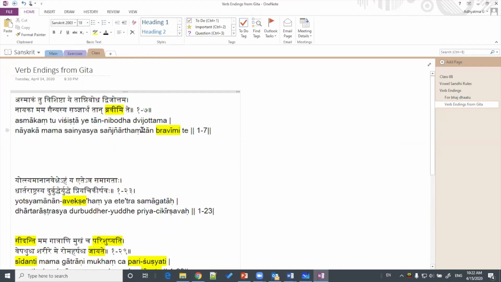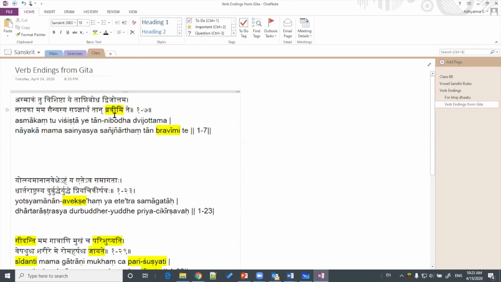So in verse 1.7, you see bravimi. Here it is of the same form as bhajami, even though it's not exactly bhajami. That's where I said the suffix mi is a giveaway that it's a first person singular in present tense, even though the verb stem is different.